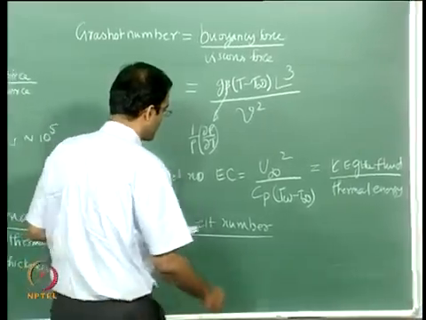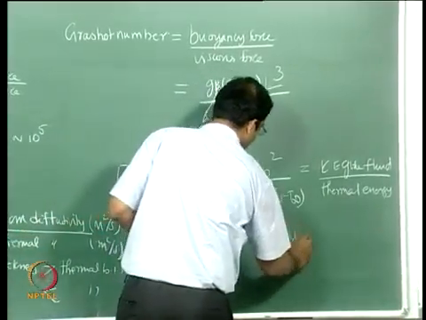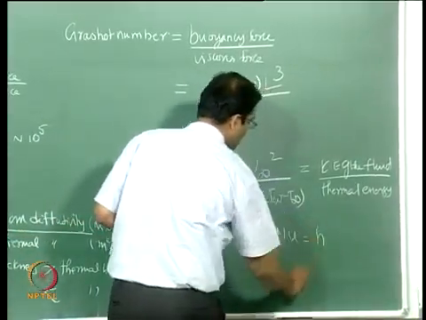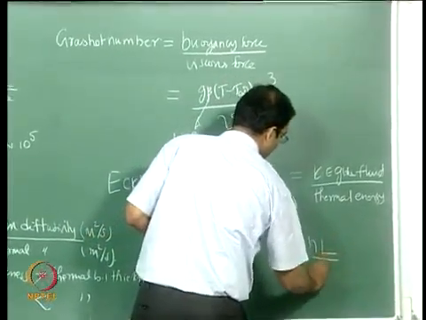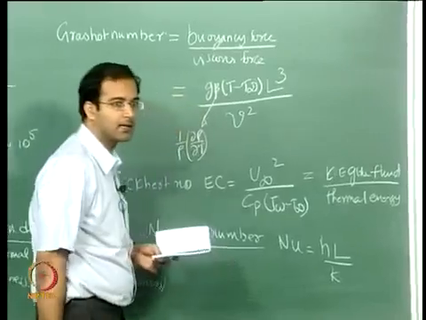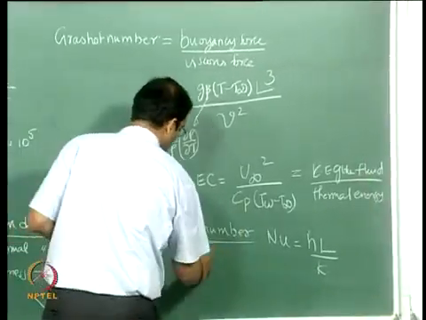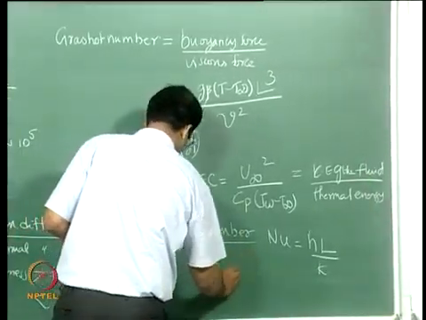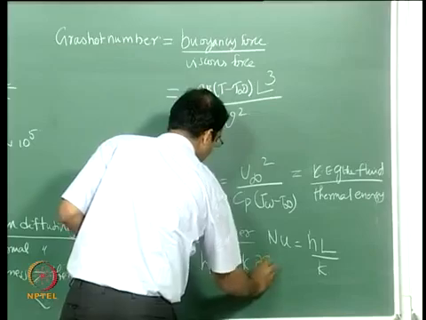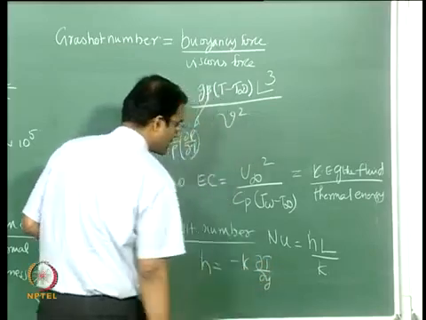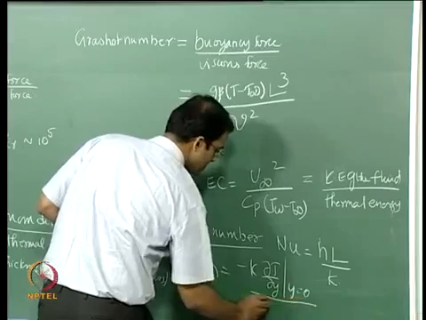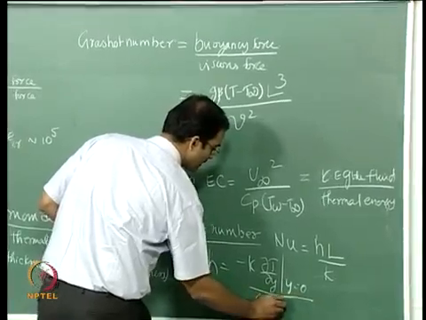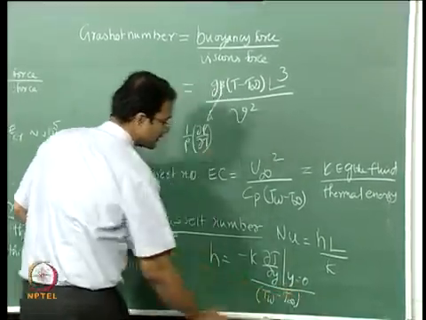That is called the Nusselt number. The Nusselt number you can define based on the heat transfer coefficient, which is dimensional, multiplied by the length divided by the thermal conductivity, where your heat transfer coefficient is defined as minus k dT by dy, the heat flux at the wall, divided by, in this case, T wall minus T infinity.